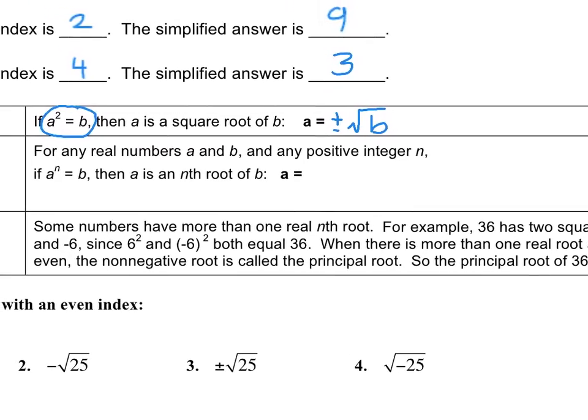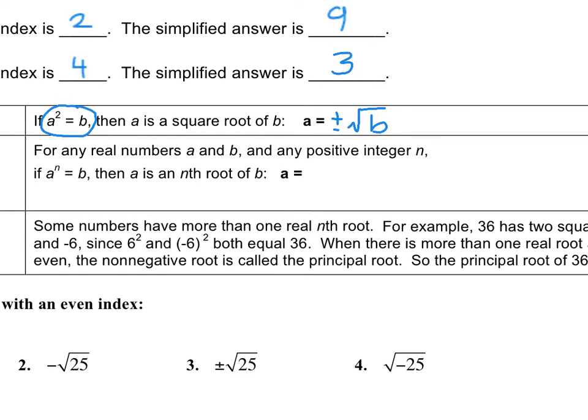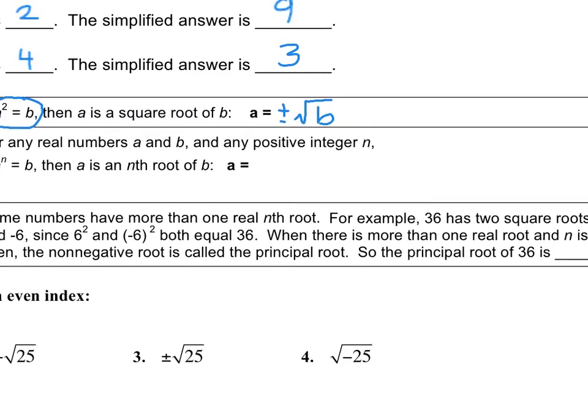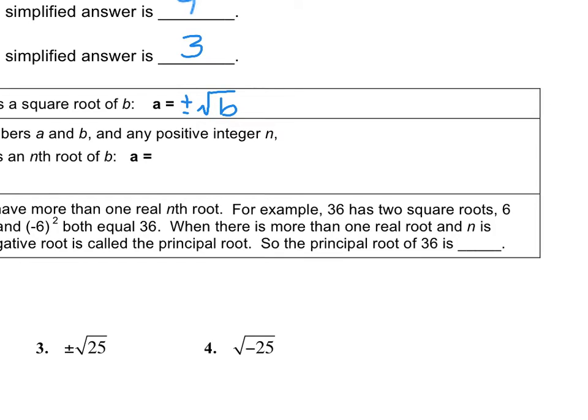Okay, so because that's an equation that we're solving, I put plus or minus. But when we are simplifying, we're only going to take the principal square root. So I'm going to skip down here. The principal square root of 36 is 6. Right, now I'm going to go back to the middle box.